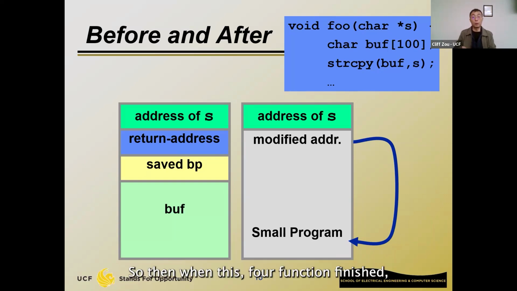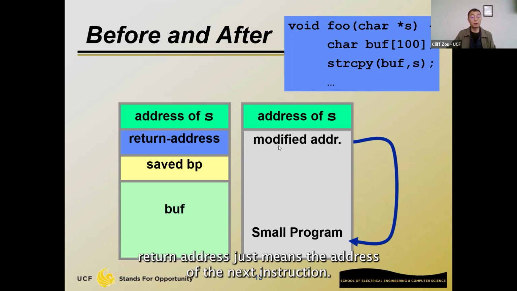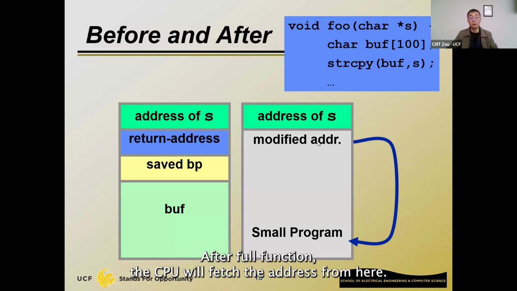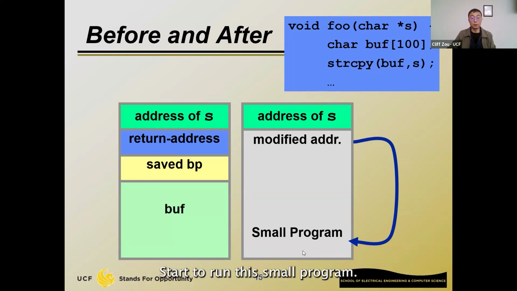So when this function finishes, the CPU will try to fetch the address of the next instruction. Return address just means the address of the next instruction after the function. Then the CPU will fetch the address from here and start to run this small program. So that's the Stack Overflow, the basic concept.